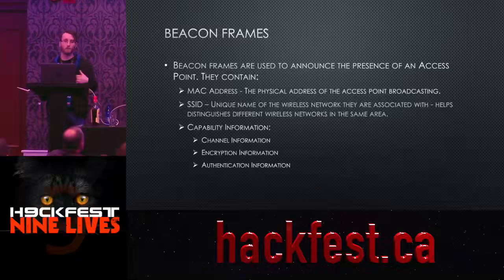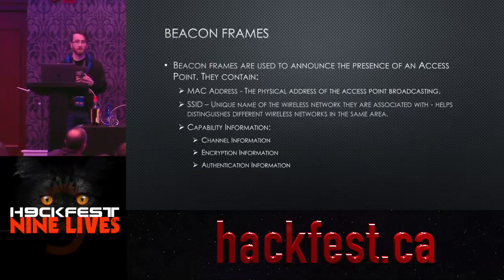So this is one of the 4 packets that we often look for when trying to get a lay of the land. Beacon frames' purpose is to announce the presence of the access point in an area. They typically broadcast their physical address, the MAC address, as well as the SSID, which is the wireless network name, to distinguish themselves from other networks in the area.